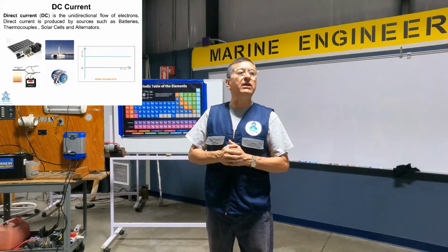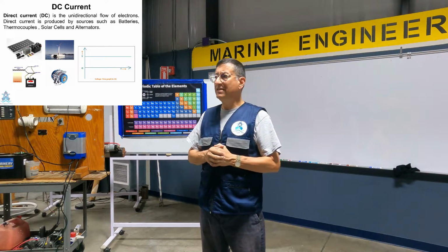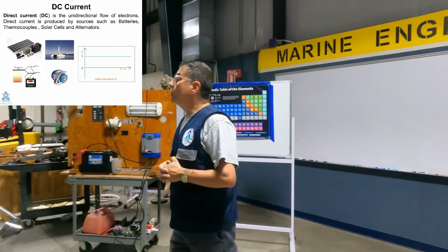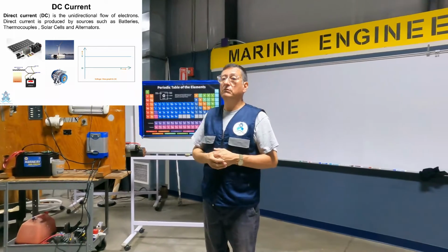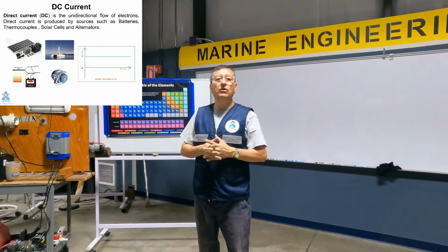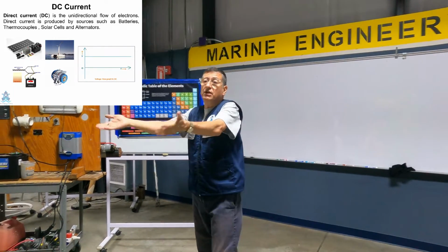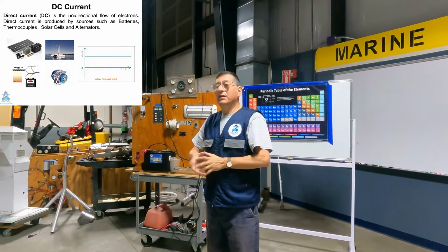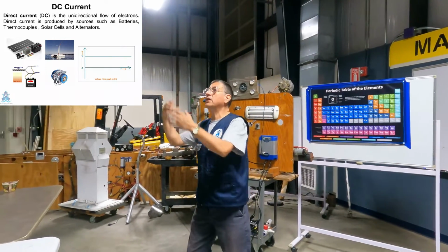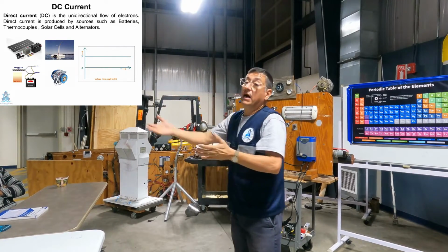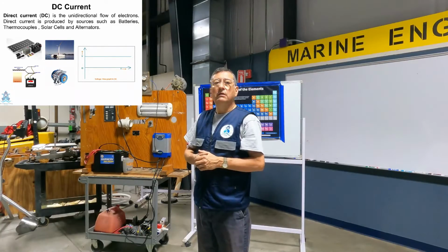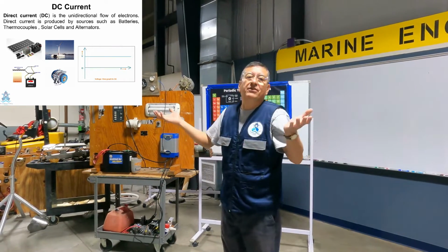Sources of DC current in your boat. Solar panels, solar power, wind. Other ones? The batteries, the battery bank. The battery bank is used to store energy collected from the solar panels. The alternator, the battery charger. The alternator is a battery charger.